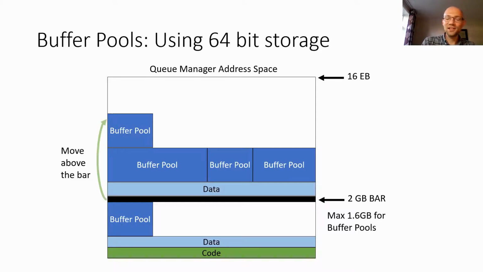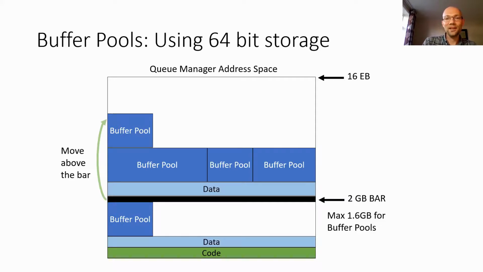So since MQ version 8, I think, you've been able to allocate your buffer pools above the bar, so in 64-bit storage. And what that means is that you can have much bigger buffer pools now if you need to do that in order to make your application work more efficiently. So you really should have enough buffer pool space available to hold all the messages that are short-lived messages on your queues.